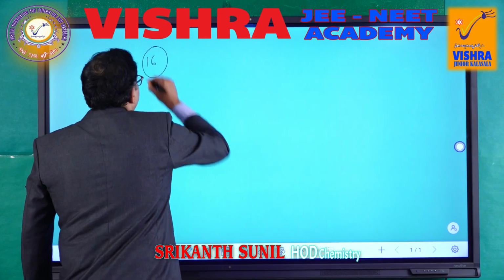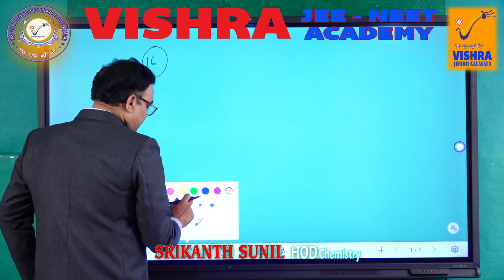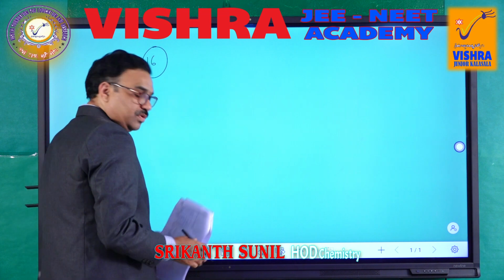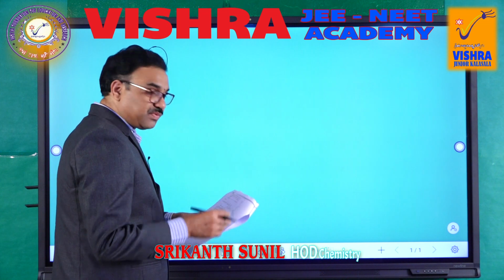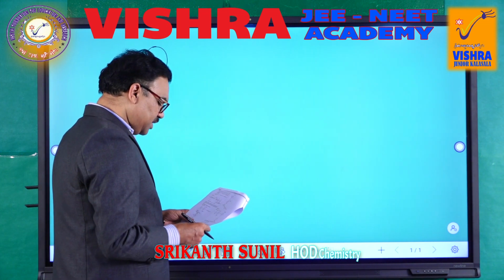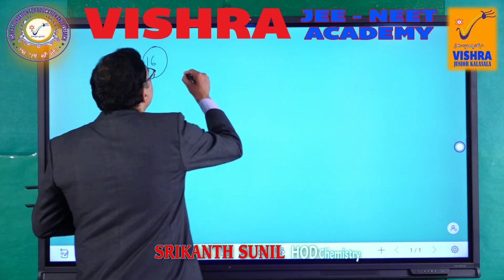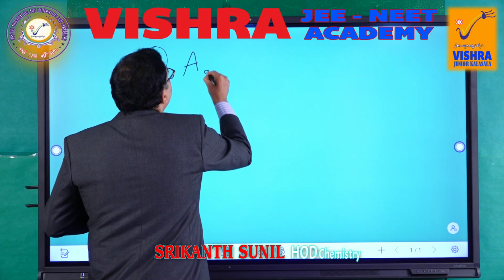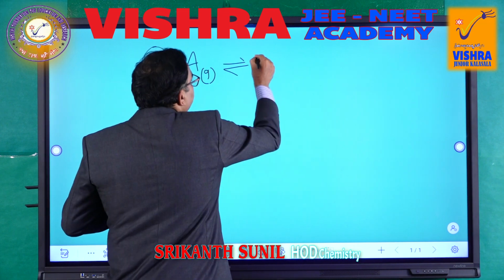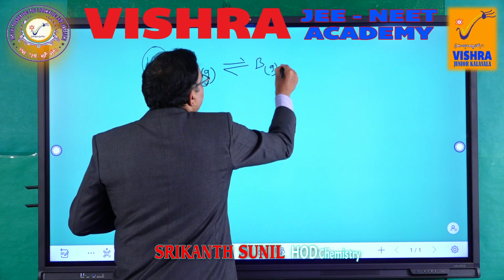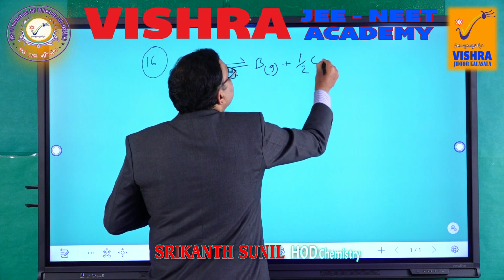Question number 16. Okay, let us see what this question is. This one is based on the Kp values, equilibrium constant. So there is A, a gas, and this is in equilibrium with B, which is also a gas, and half C, which is also a gas.